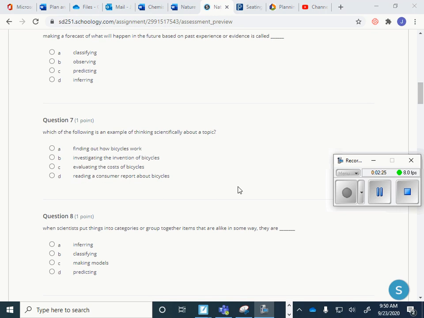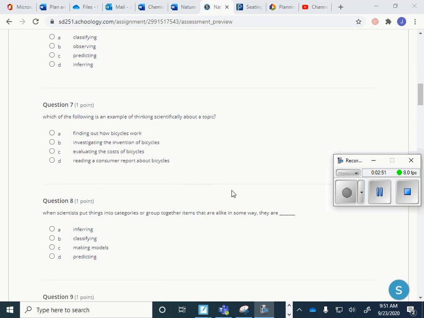Question 7. Which of the following is an example of thinking scientifically about a topic? Either A, finding out how bicycles work, B, investigating the invention of bicycles, C, evaluating the cost of bicycles, or D, reading a consumer report about bicycles.